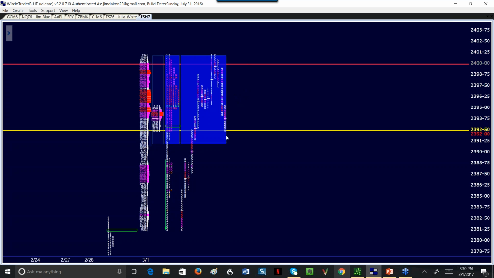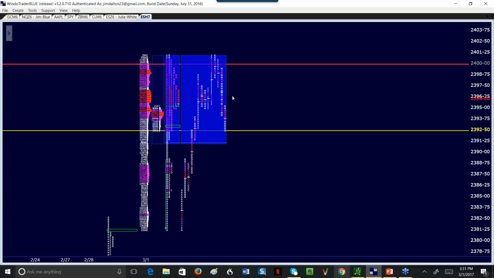Scenario 2, I continue down, gap down below today's close. Now, that's not the way I usually look at a gap, but if I open down below today's pullback low at 23.9250 and I find acceptance down here, then my destination trade becomes the top of the gap at 23.8125.